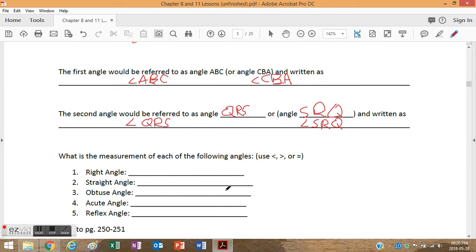Right. So, what is the measurement of each of the following angles?